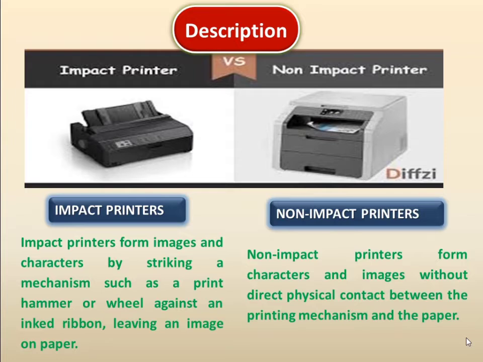Impact printer has a hammer which strikes on the paper, whereas non-impact printers form characters and images without direct physical contact between the printing mechanism and the paper. It means they don't strike. Impact printers strike on the paper and non-impact printers don't strike on the paper.